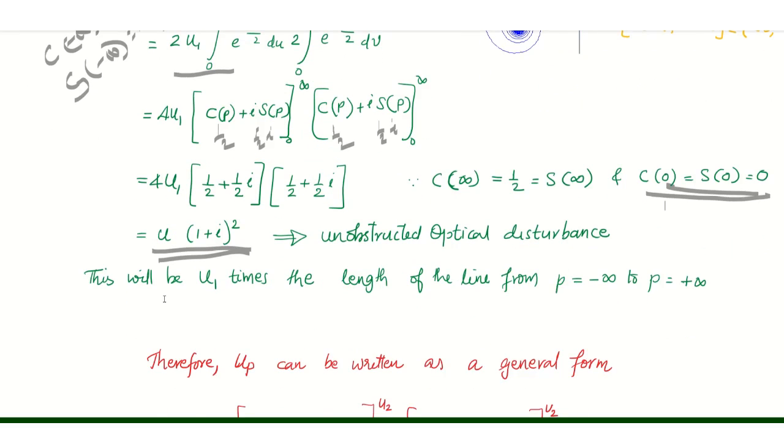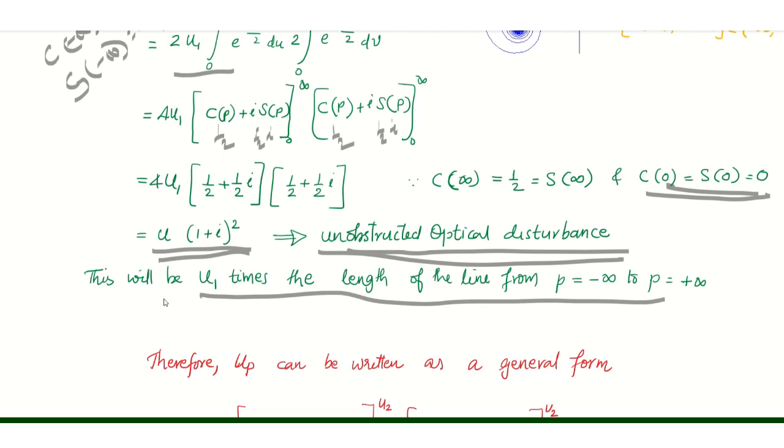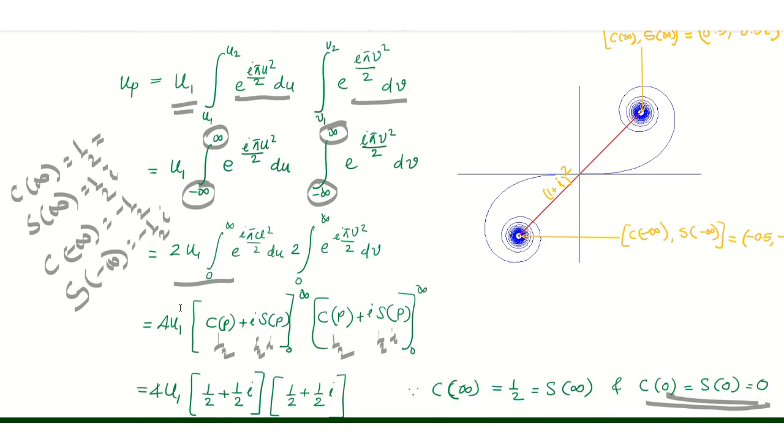And that is the unobstructed optical disturbance, and the square of this will give you the intensity at that point if there were no screens. This will be u1 times the length of the line from P, from minus infinity to infinity, that is (1 plus i) all squared.